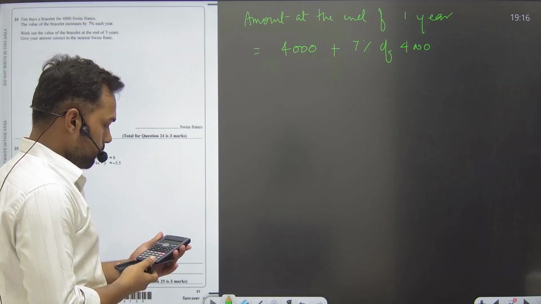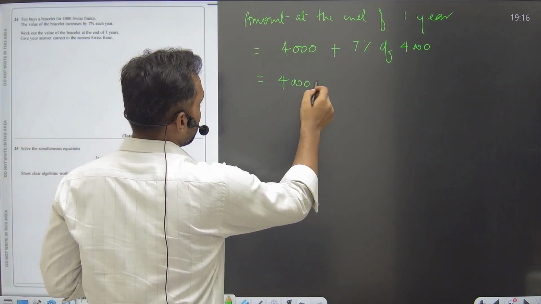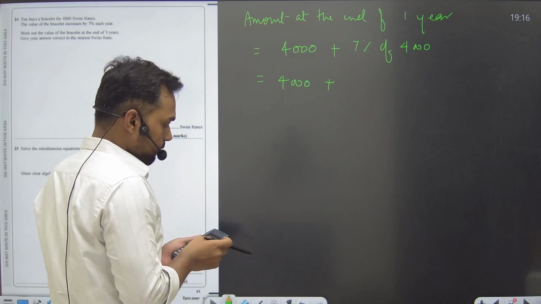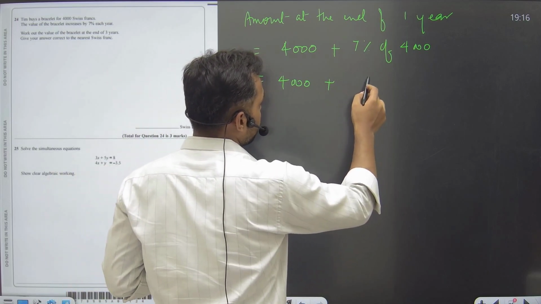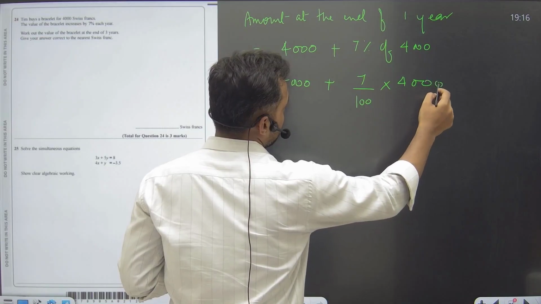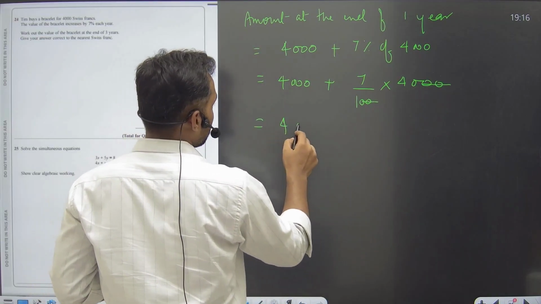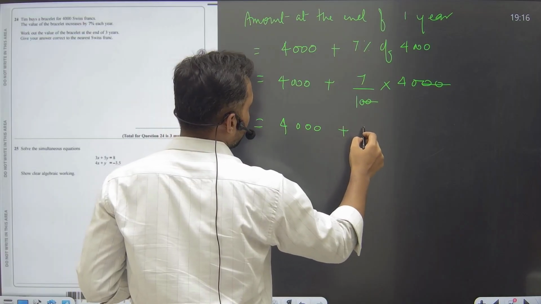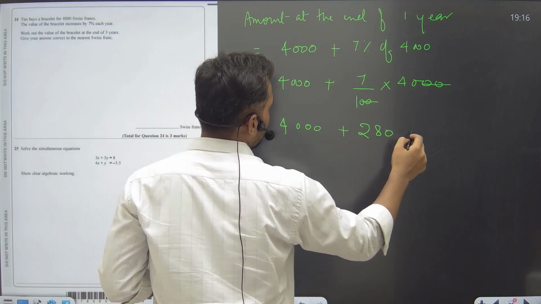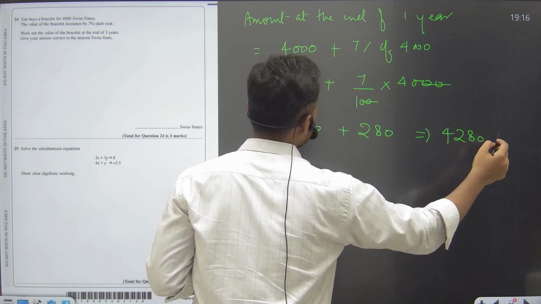Okay. So what we need to do here is 4,000 plus 7% of 4,000. So it will be 7/100 cross 4,000. So it will be equal to 4,000 plus 280. That will be equal to 4,280 euros.